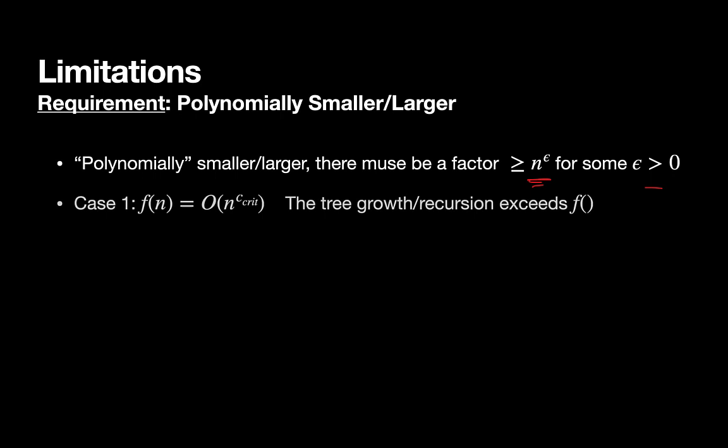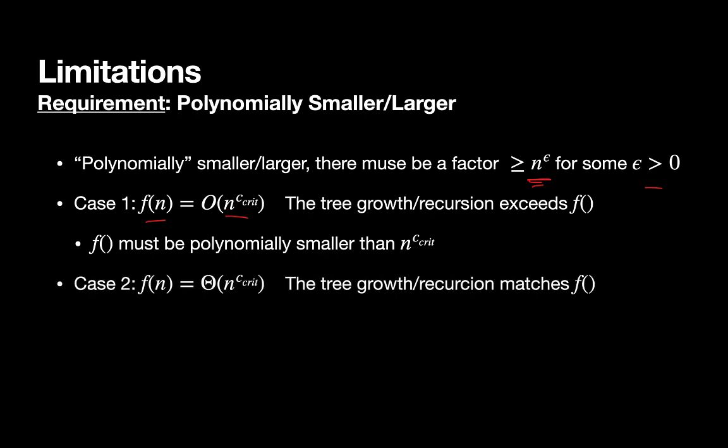Okay, so in case 1, we're assuming that there's some function of n difference below n to our critical factor and our f of n. So we're assuming that f is polynomially smaller. If we can't demonstrate it's polynomially smaller, then we can't use the master method.